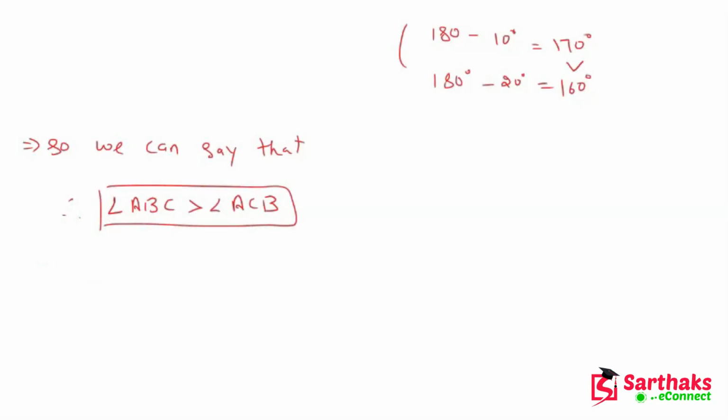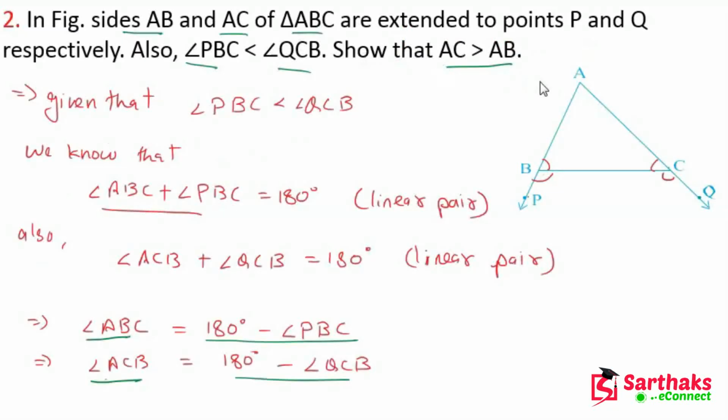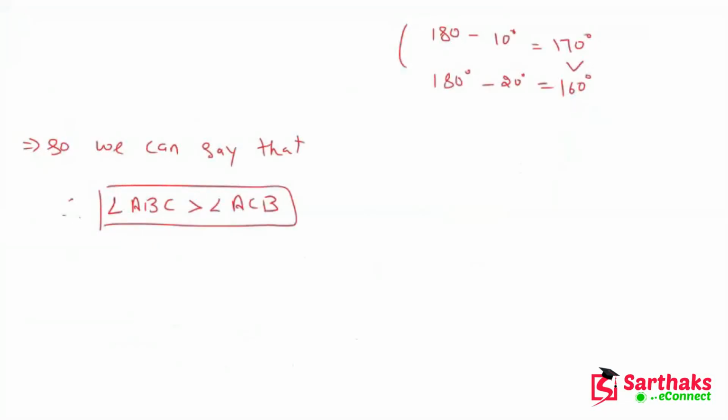Now angle ABC is greater, then we can say the AC side is larger, and angle ACB is smaller, so the AB side is smaller. So we can write by the theorem.